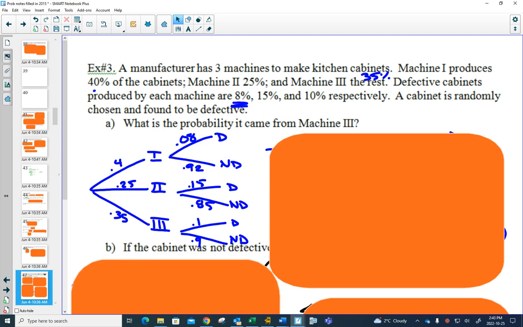Sometimes people do B and G, bad and good. You can use whatever letters make sense to the context. Where you can have defective and good. I use D for defective and ND for not defective.